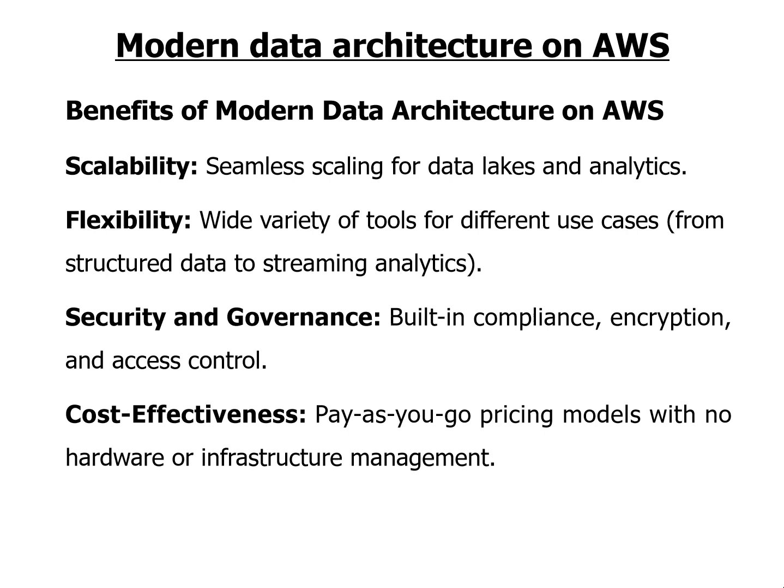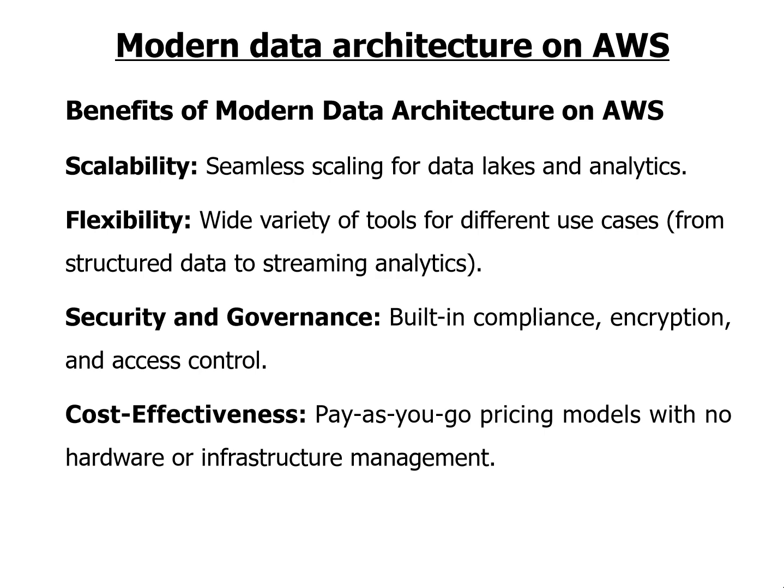Now we'll see the various benefits. What are the benefits of modern data architecture on AWS? If you are building an application and hosting it on Amazon Web Services using the various services, it gives various advantages. One is scalability, seamless scaling for data lake and analytics.